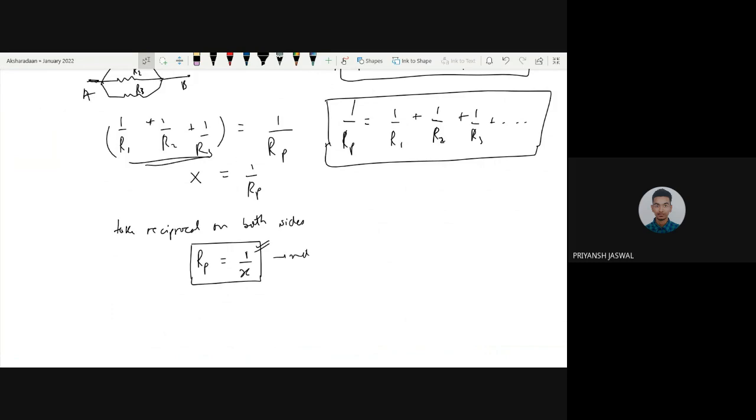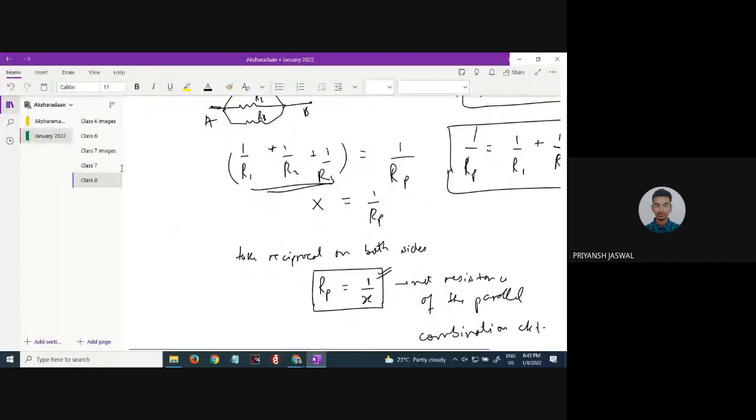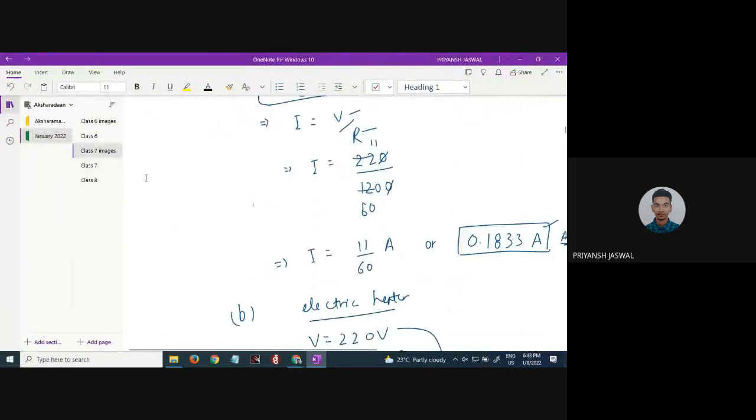That is the net resistance of the parallel combination of resistances. Or we can simply say of the parallel combination circuit. This was all which we did in last class in the numericals. Let's continue with the numericals this time.